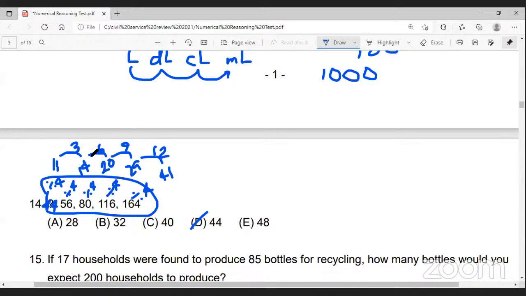The difference of 20 and 29 is 9, and the difference of 14 and 20 is 6, so it is added by 3 each time. The difference is being added by 3 consistently.